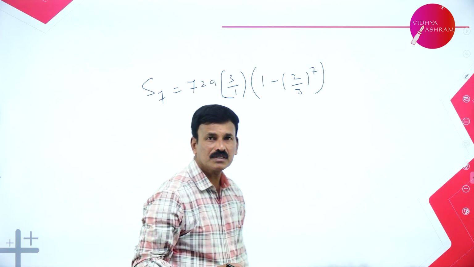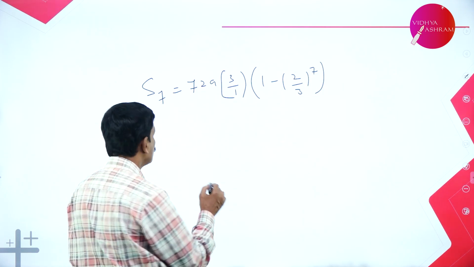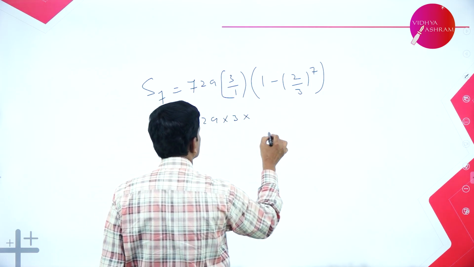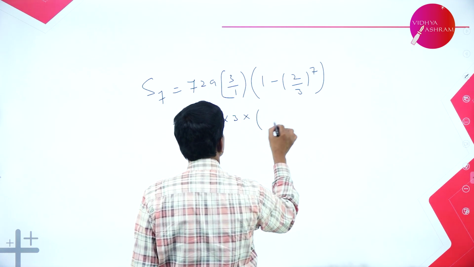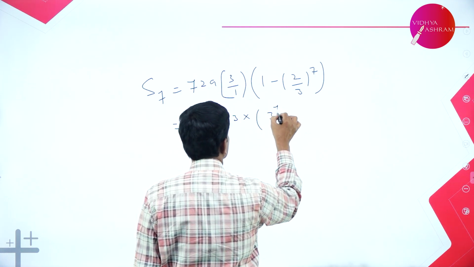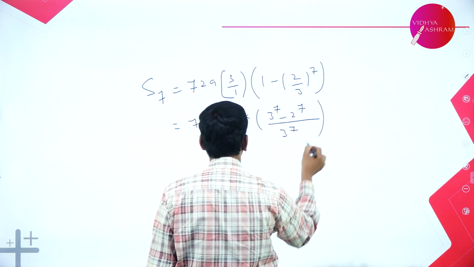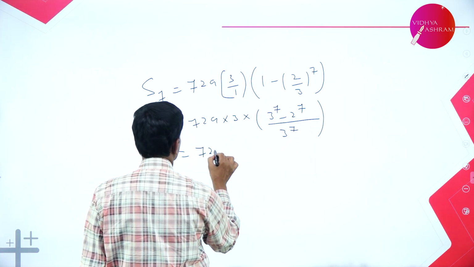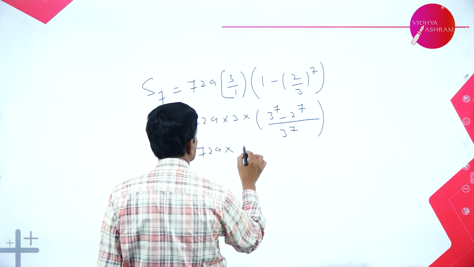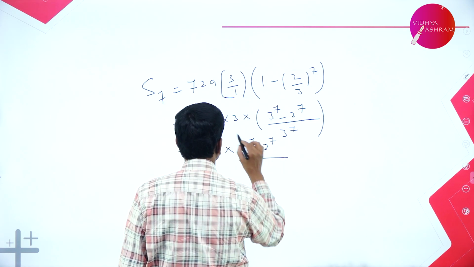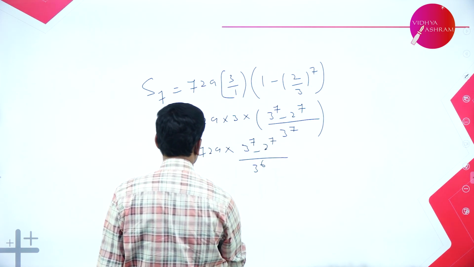Simplify this, take the LCM. So that is 3 to the power of 7 minus 2 to the power of 7 divided by 3 to the power of 7. This is 729 into 3 to the power of 7 minus 2 to the power of 7 divided by 3 to the power of 6.